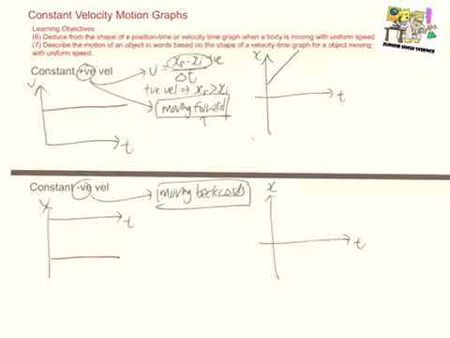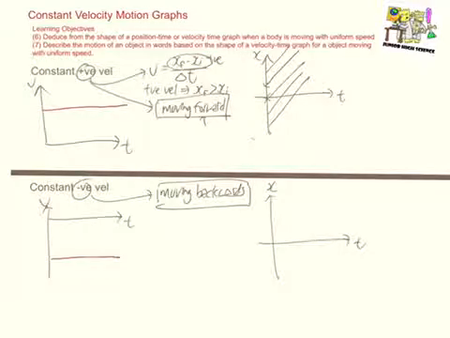Now, there are many possibilities for this increasing straight line. The initial position can start from here, it can start from here also, it can start from, in fact, anywhere. So this series of straight increasing lines shows the family of graphs for the position time graph of an object moving with constant positive velocity.